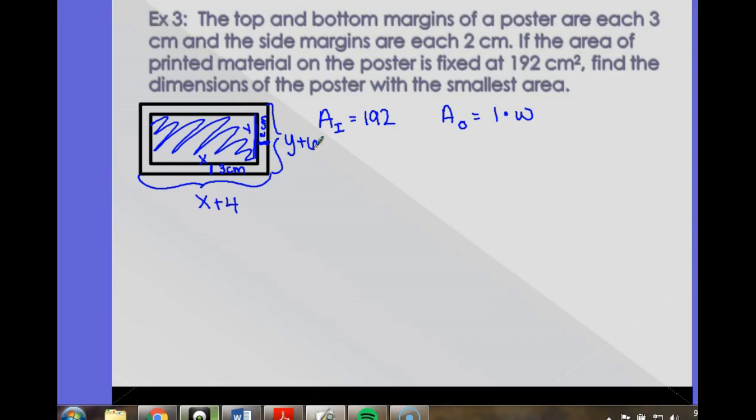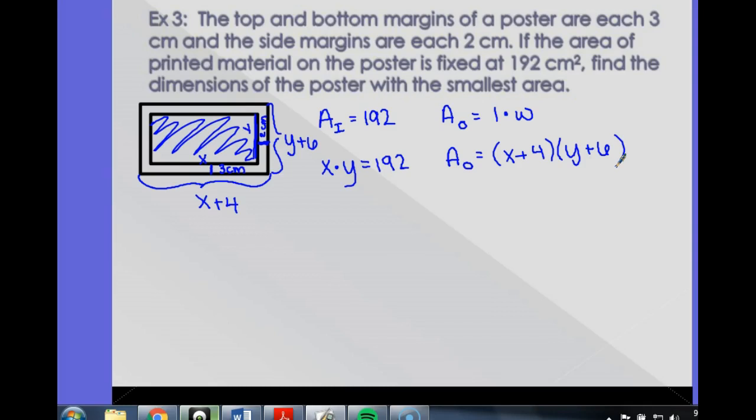So if the inside area is XY, AI could be replaced with X times Y equals 192. We're minimizing AO, so I don't know AO. But length, we said, was X plus 4, and width is Y plus 6. So what's the problem I'm currently situated with?